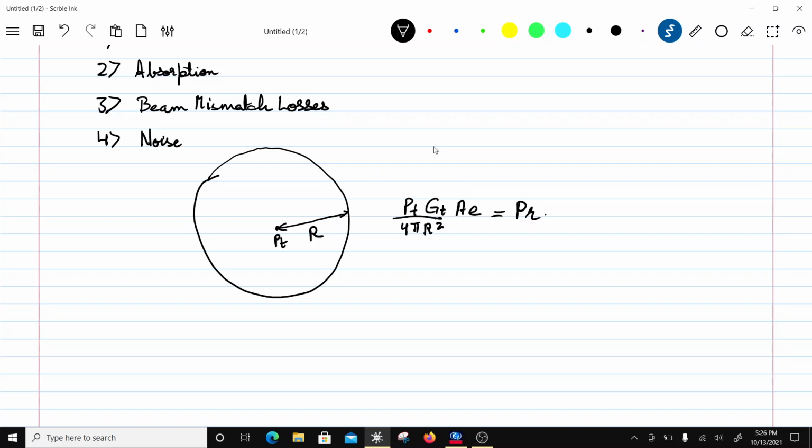So now let's see what this antenna aperture is. Antenna aperture is related to antenna gain by this relationship, right? And this will be the receiving antenna gain.